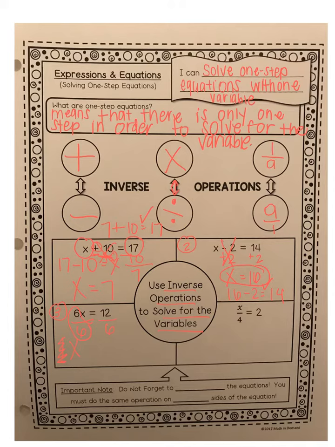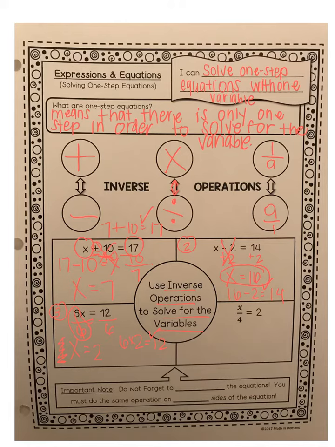So dividing by 6 does in fact cancel out that part of the expression on the left-hand side of the equal sign. x is going to be equal to 12 divided by 6, which equals 2. So now I'm going to use substitution. Is it true that 6 times 2 equals 12? It is true, so I know that I'm correct.